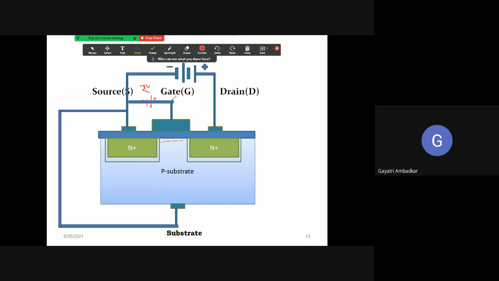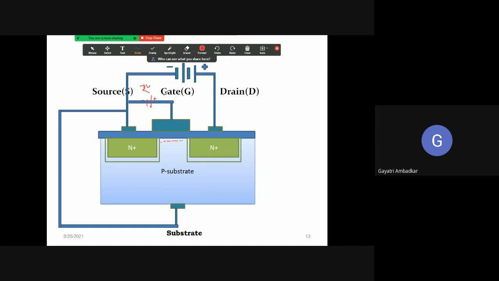The more you make the gate positive, the more it will attract electrons. It will attract more. Right, it will offer more attractive force.